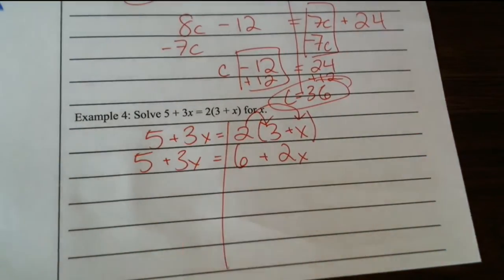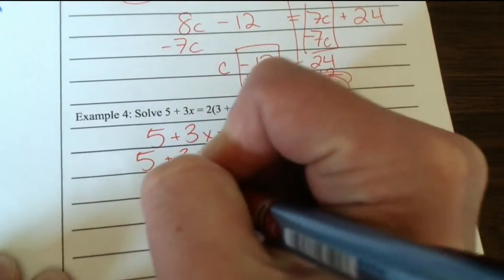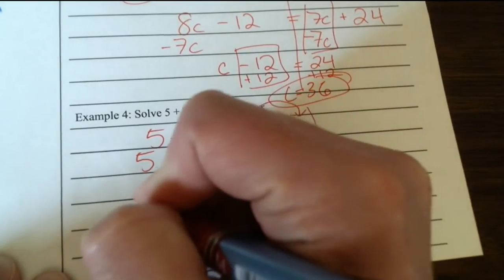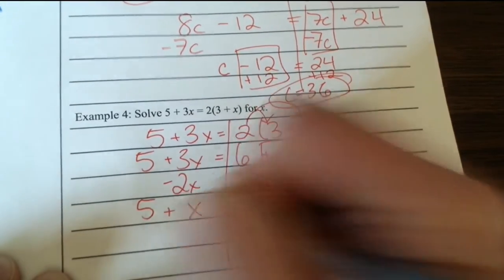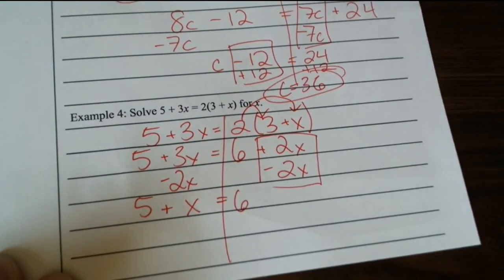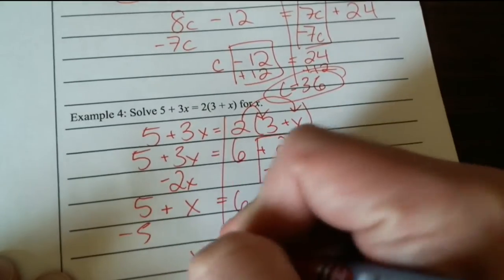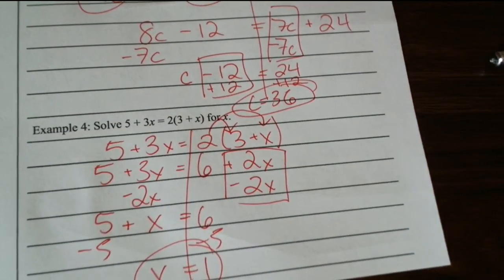And now let's go ahead and get all our variables on one side. Three x minus 2x leaves us with just 1x. And one more step here. We see that x is going to equal 1.